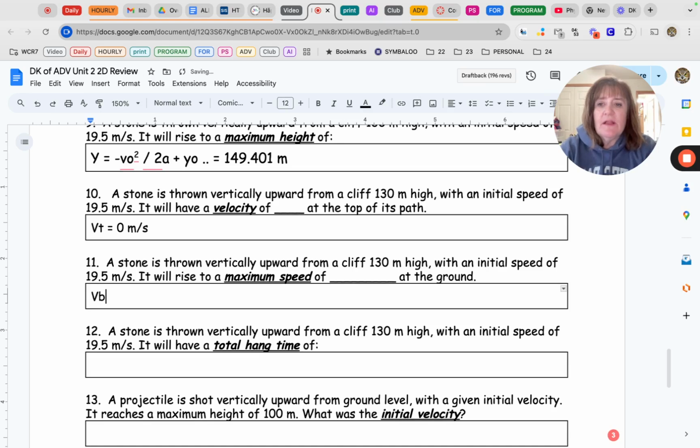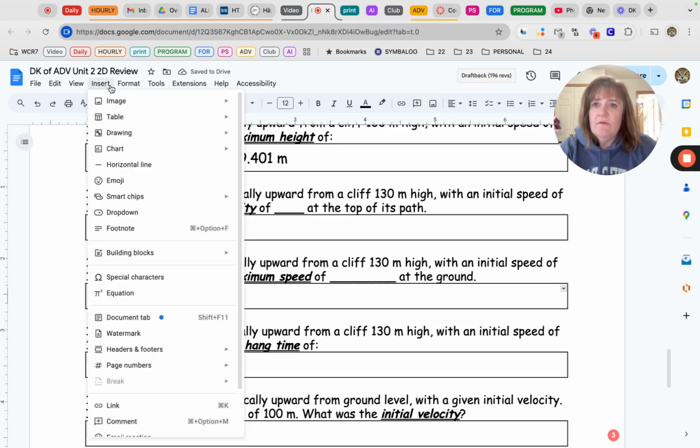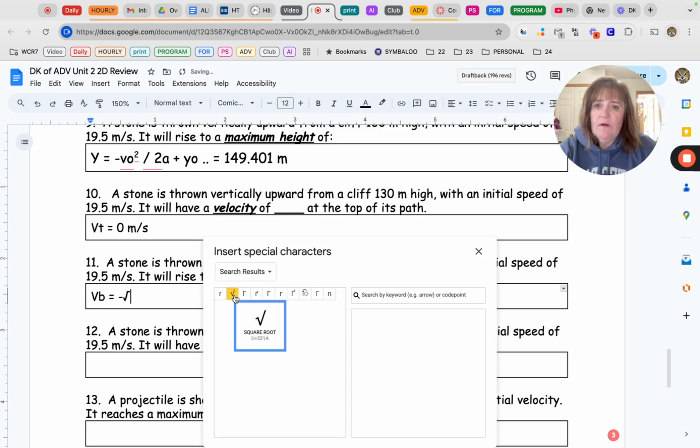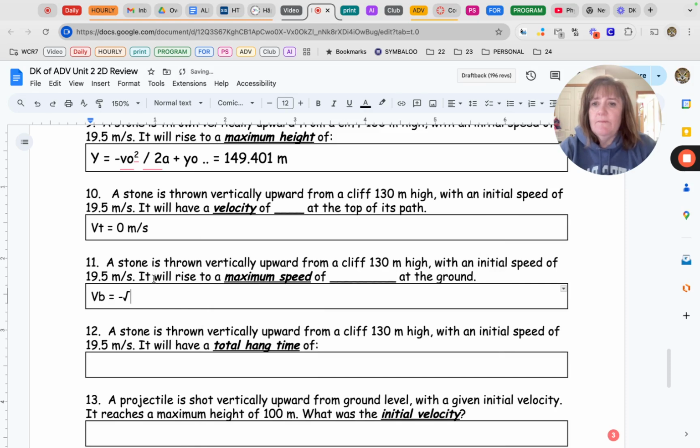So I'm looking for the velocity at the bottom, which is the negative square root of 2ay.